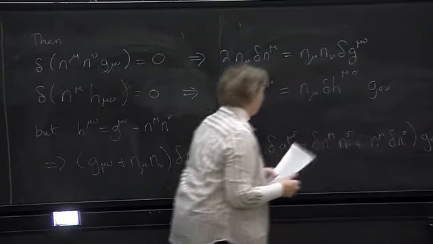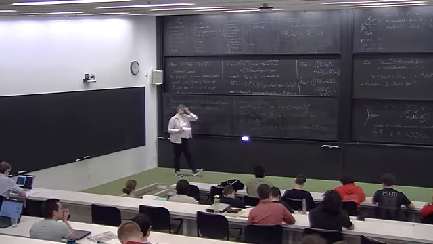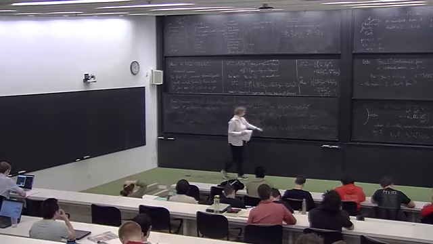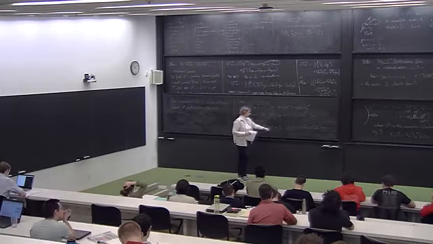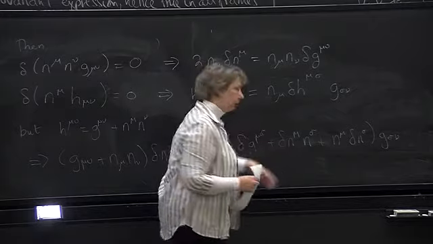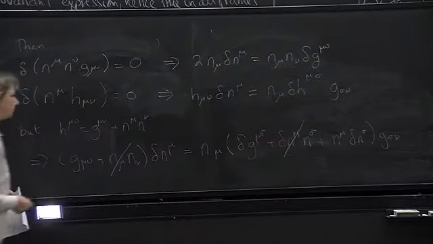So I'm now looking at this second relation, just replacing for h. This second term here, n dot delta n, has a counterpart over here. So this term and this term cancel out.